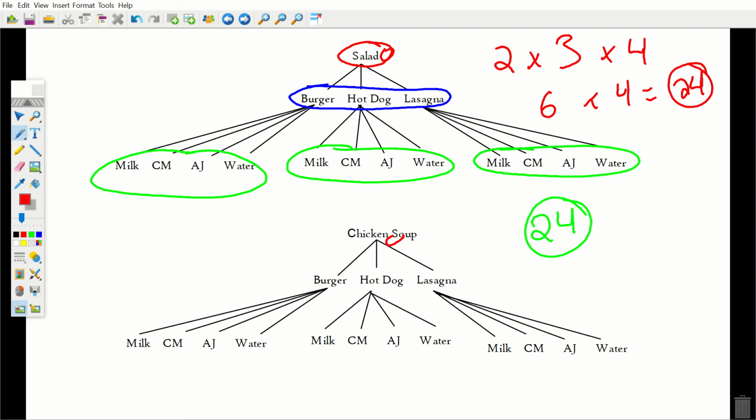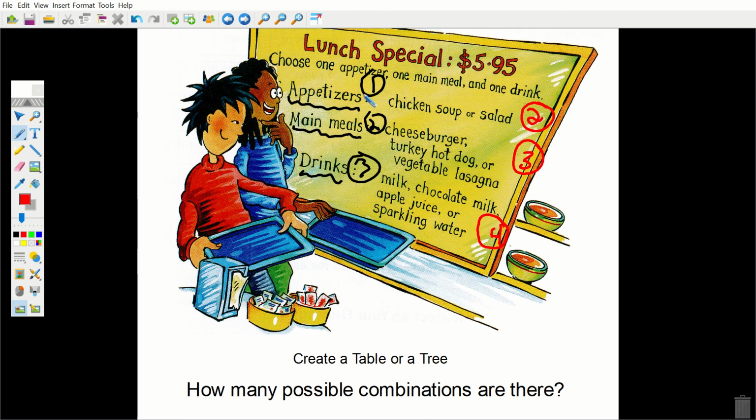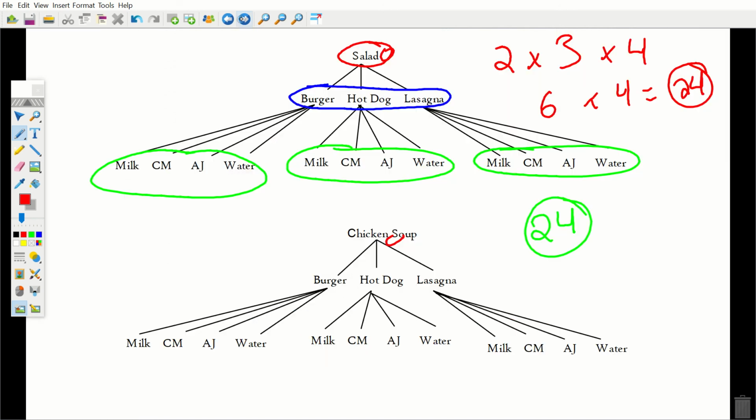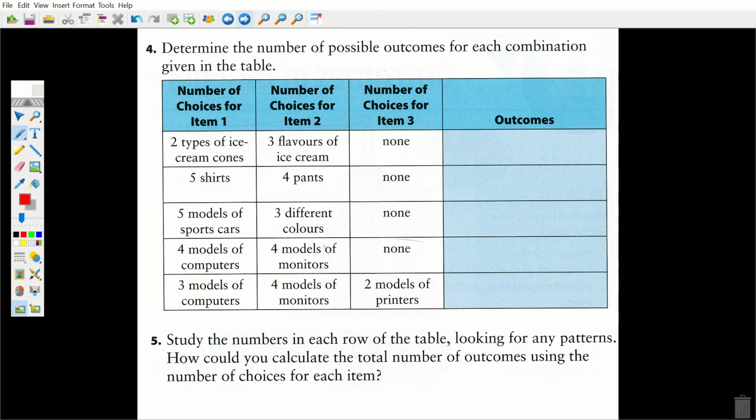So there are a grand total of 24 different outcomes. Again, you have 2 here, so 2 times 3 times 4 equals 24. And that is a lot quicker than approaching it this way. Now that's how you calculate total number of outcomes with multiple independent events.